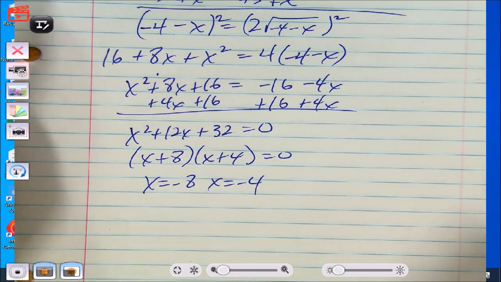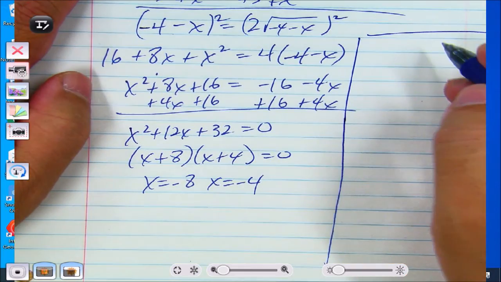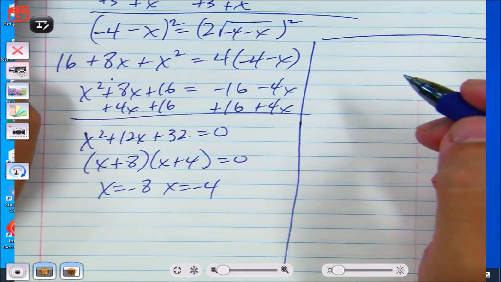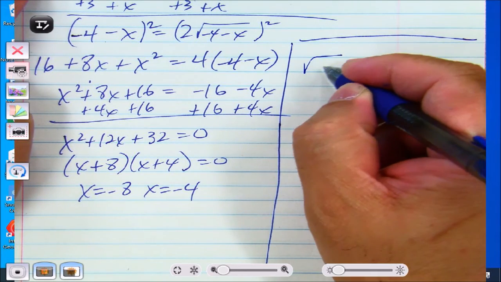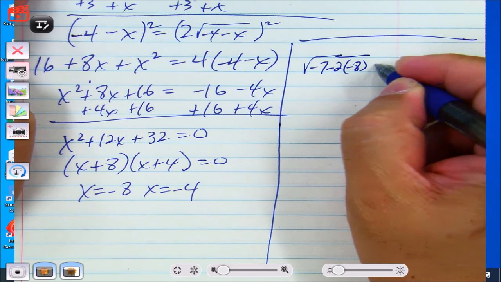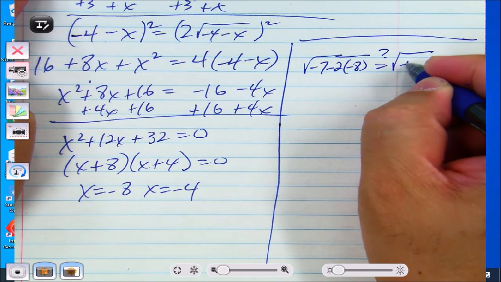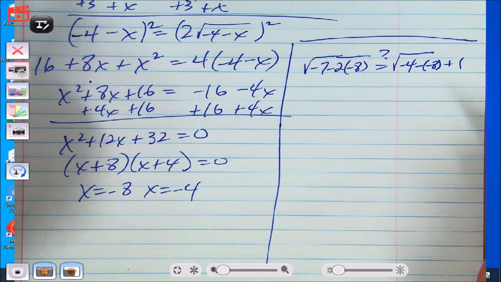All right, let's check it out. So I'm doing the check over here. Can I fit it over there? All right, so the square root of negative 7 minus 2 times negative 8, is that equal to the square root of negative 4 minus negative 8 plus 1?